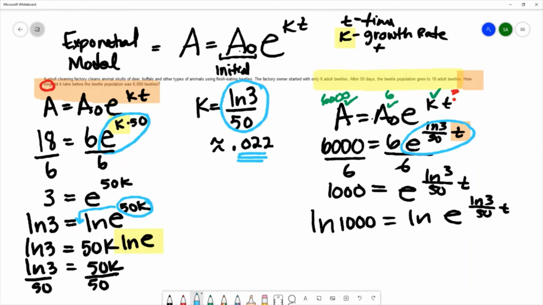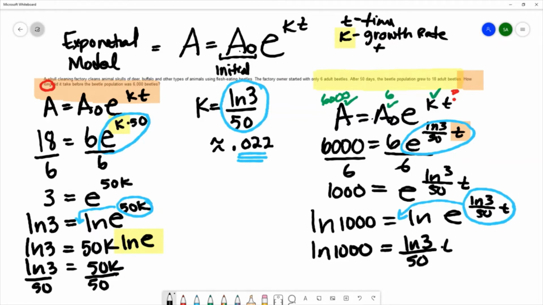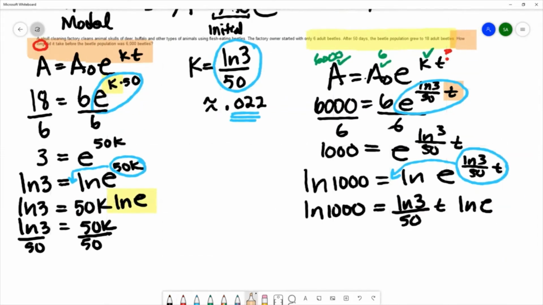Once again, I can use the power rule to bring that to the front. Natural log of 1,000 equals natural log of 3 over 50 t, natural log of e. Natural log of e is 1. We have natural log of 1,000 equals natural log of 3 over 50 t. Natural log of e is 1, so that's why that went away. 1 times anything is itself.